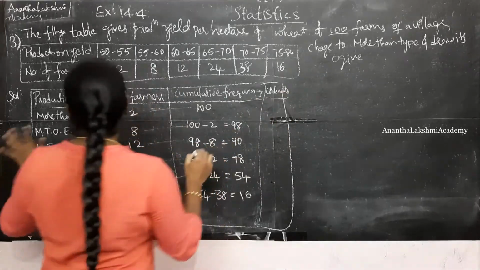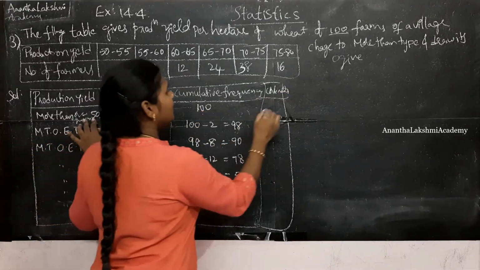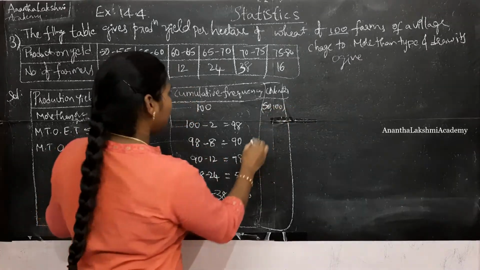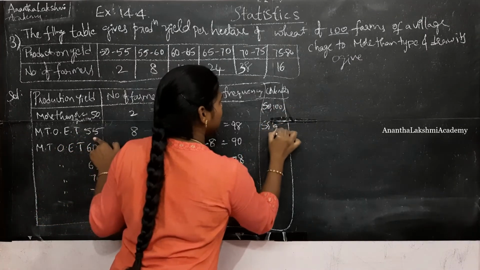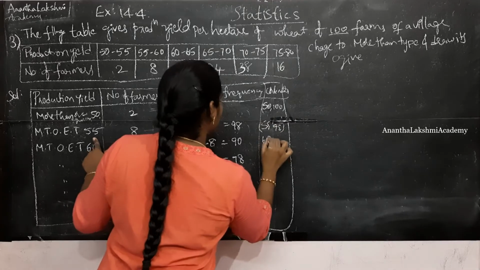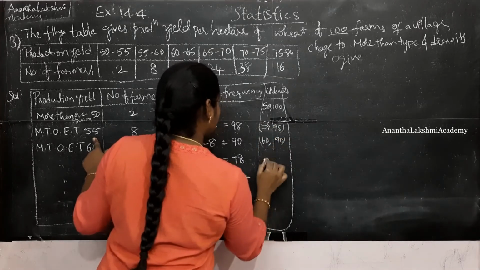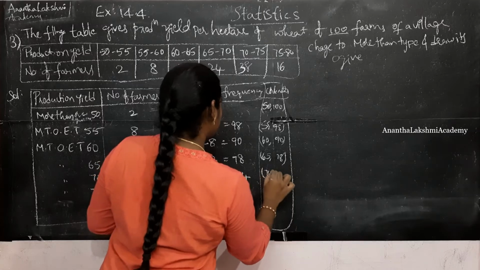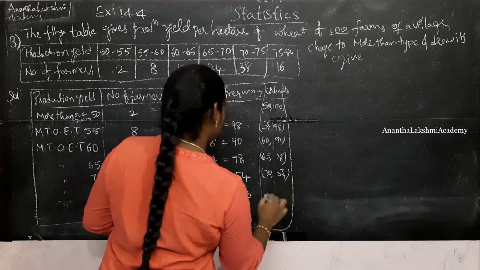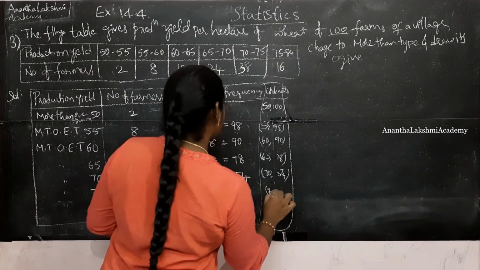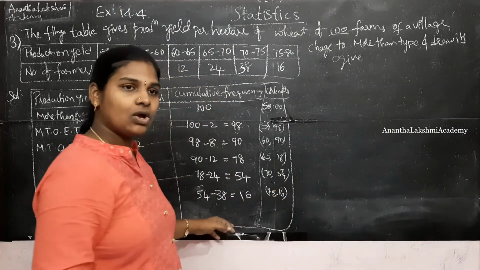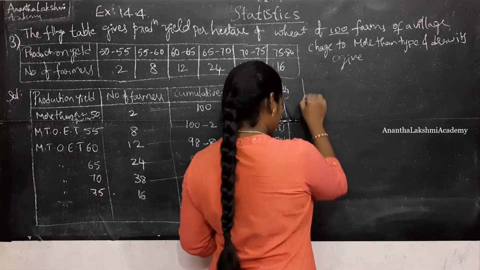This is going to be 50, 100, and then 55, 98, 60, 90, 65, 78, 70, 54, 75, 16. Alright, this is how the curve is going to be.